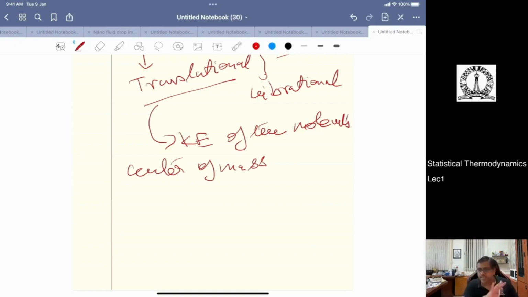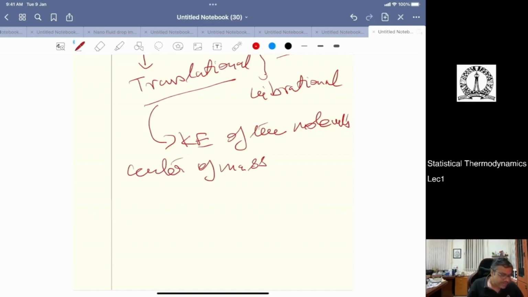Translational mode is nothing but the kinetic energy of the molecules. The vibrational mode is the vibration of the bonds of the molecules. Rotational is the rotation of the molecule across different axes. And electronic is the energy stored by the electrons due to their motion in the molecule.